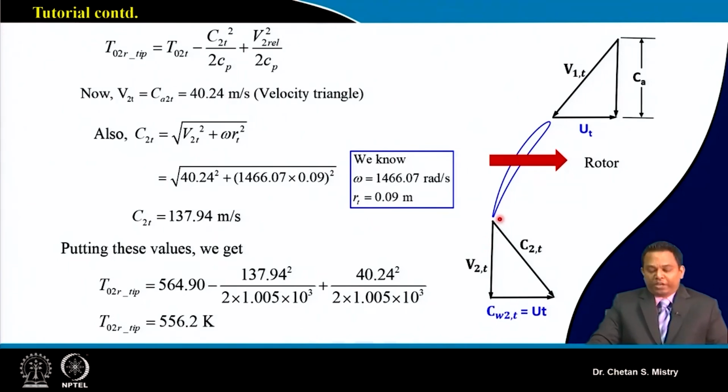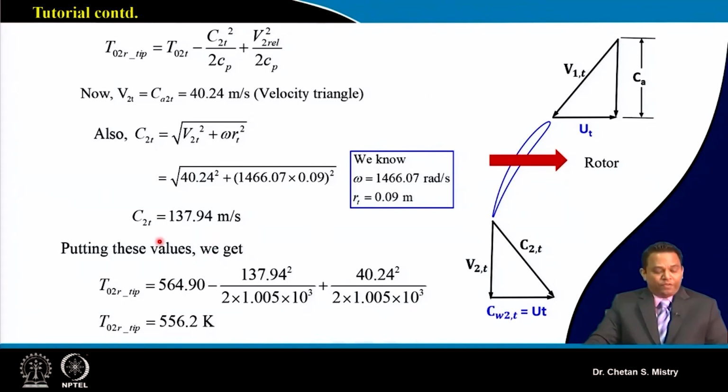If that is the case, at the tip also I can have this right angle triangle. So we can write down our C2 at the tip as the square root of V2 square plus omega RT square. Remember here, this is my radius at the tip. So putting that here gives me my C2 as 137.94 meter per second.